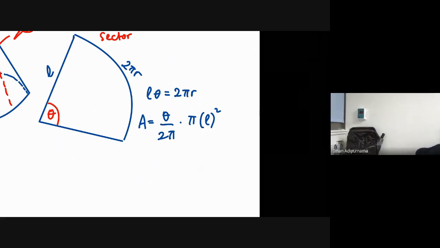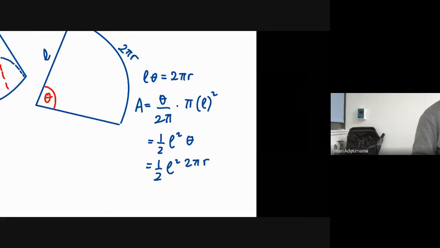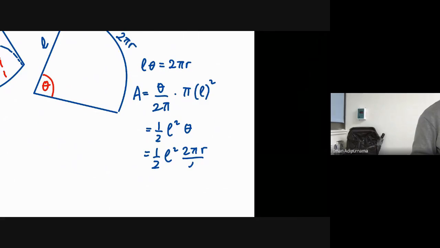Just imagine this is a big circle, and theta over 2 pi becomes the ratio of this sector, and this is just the circle area. So this will be half L squared and theta. And then theta we can write as 2 pi r over L. And we get pi r L.